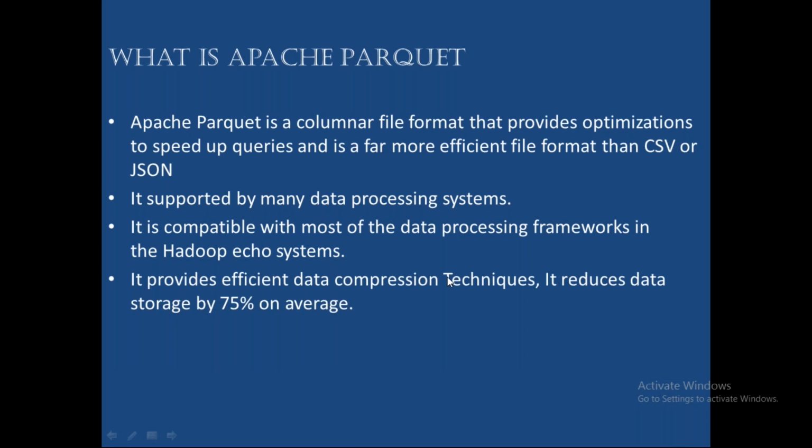Next, it provides efficient data compression techniques. It reduces data storage by 75% on average. Previously I just considered 65%, but as per this point, if you have a CSV file of 100 GB, Parquet will come to just 25 GB.